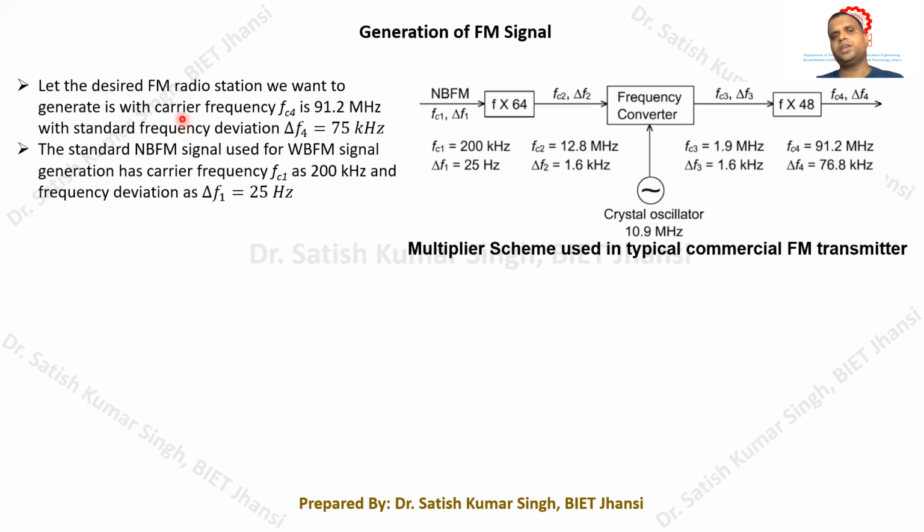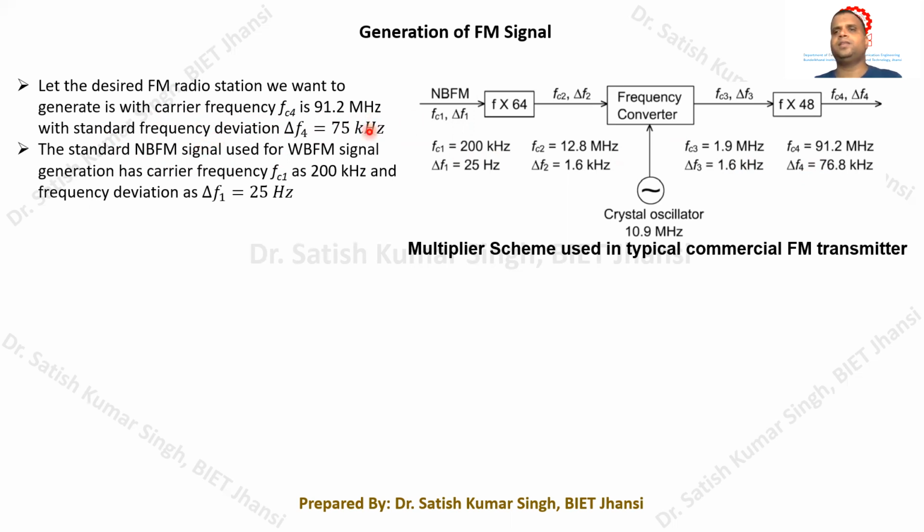The first specification is the carrier frequency we require at the output, the final carrier frequency, which equals 91.2 megahertz. And as I said, the standard frequency deviation for any typical FM radio station will be equal to 75 kilohertz.